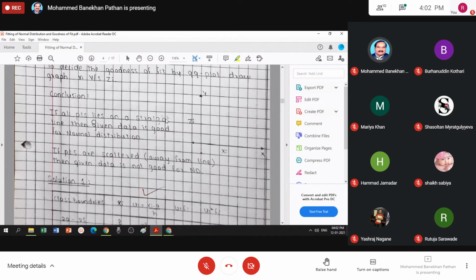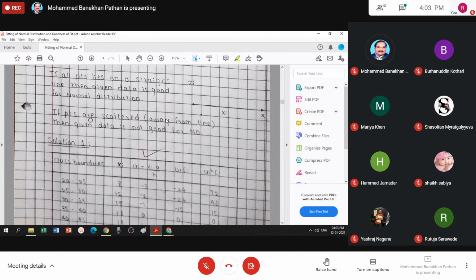If all points lie on a straight line, that is linear, then the given data is good for normal distribution, otherwise not. If points are scattered away from the line, then the given data is not good for normal distribution. So this is the end of the explanation for fitting of normal distribution to the given data.